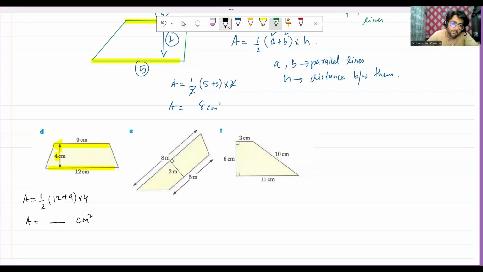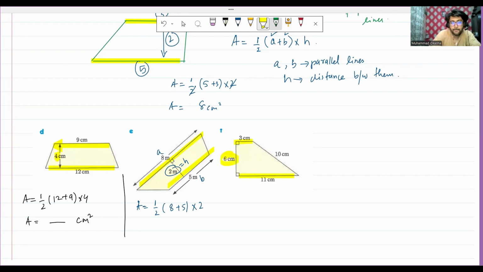Similarly for this one, I hope you can tell the parallel lines. So that's going to be 1 over 2, 8 plus 5, and I'll multiply it by 2, because 2 is the distance between them. This is A, this is B, this is H. Okay, over here, this is a parallel line, this is a parallel line, and the distance between them is 6.